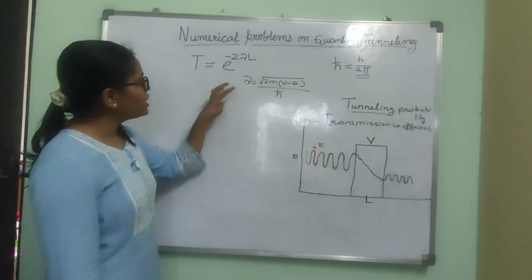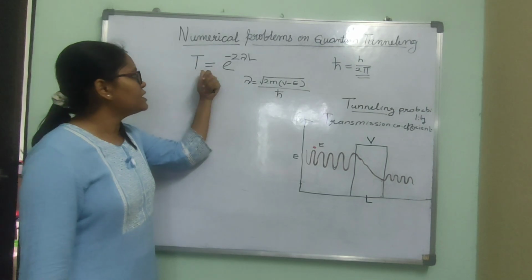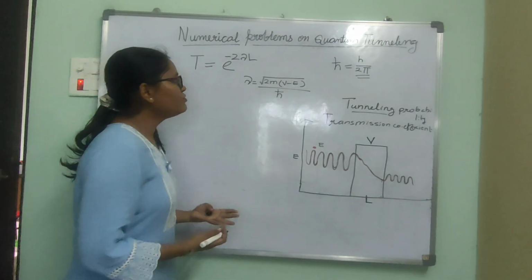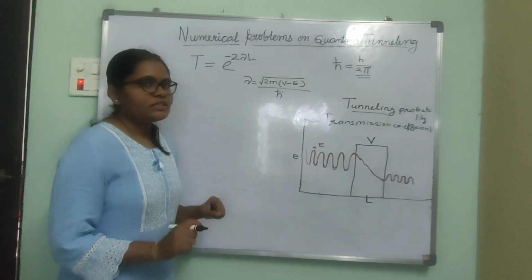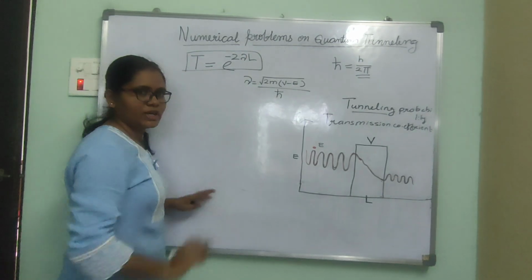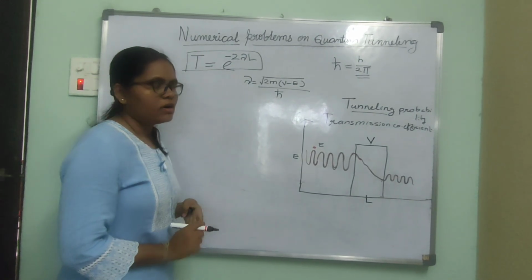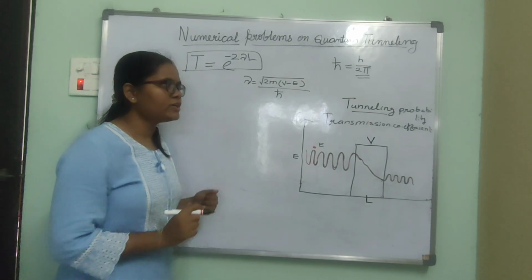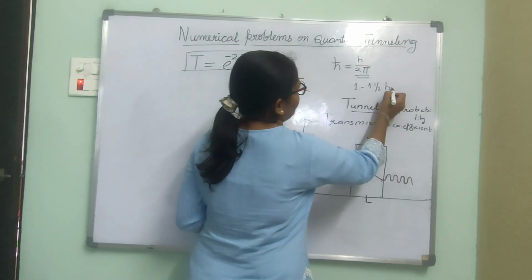So when you are given all of these values, you can easily find the tunneling probability using this formula, right? It is easy to write formulae and then solve the problem, but the most important thing to know is how this is derived. So you must look into the derivation of tunneling probability. If possible, we will also do it on our channel, but it will take about 1 to 1.5 hours to derive.